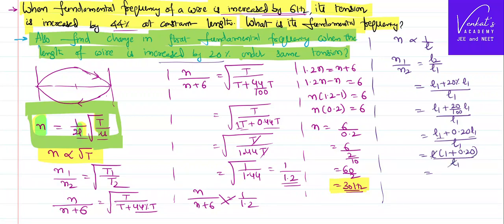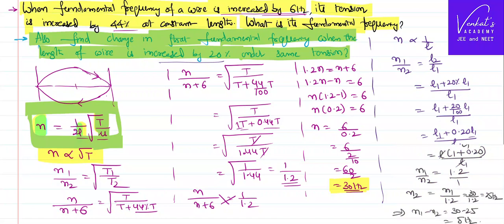L1 cancels. 1 plus 0.20 is 1.2 by 1 equals N1 by N2. We have found that N1 by N2 is 1.2 by 1. When you cross multiply, N2 is N1 by 1.2. We have found N1 already as 30 Hz. So 30 by 1.2 is 25 Hz.